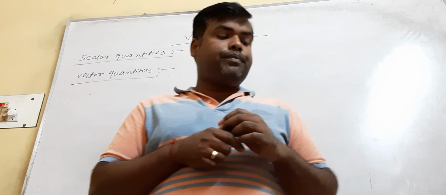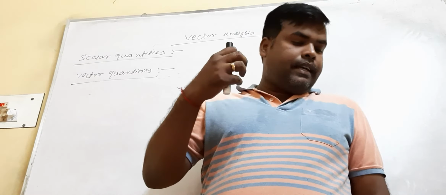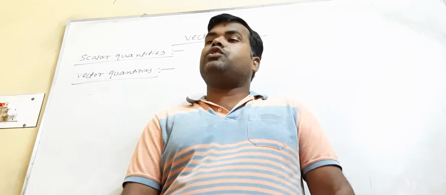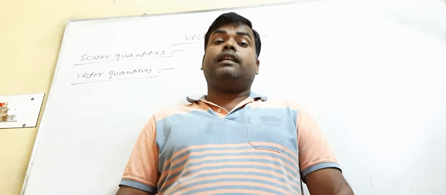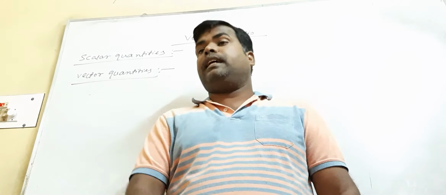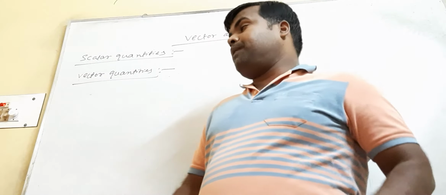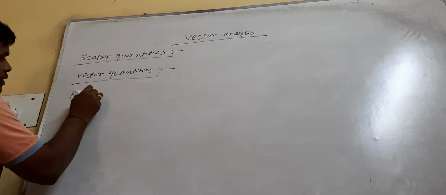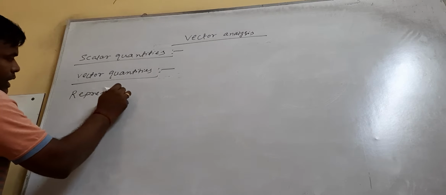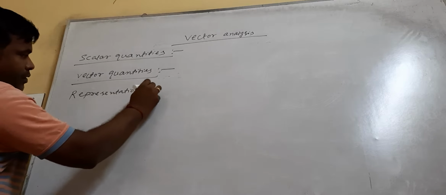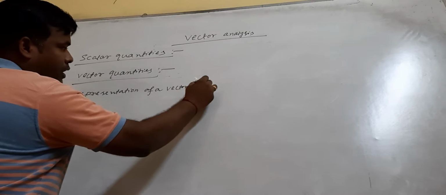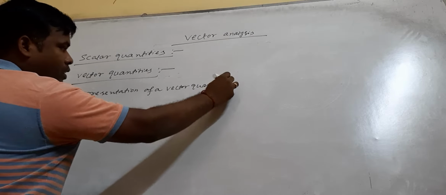Now, if a vector quantity has both magnitude as well as direction, then how do we represent a vector quantity? Representation of a vector quantity.